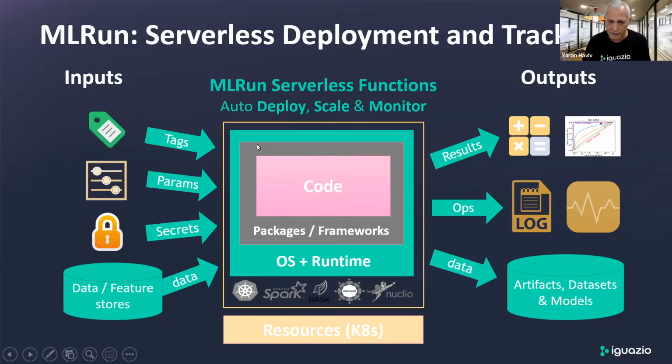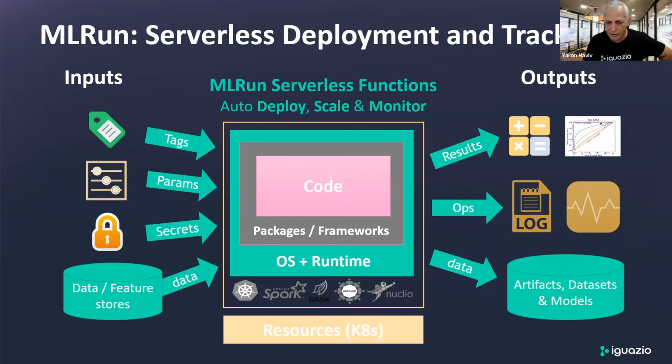This code gets compiled, wrapped into a container along with all its dependencies. There are multiple types of engines in MLRun, like Spark and Kubernetes Job, and Nuclio for real time, and Horovod for deep learning that we're going to see in a minute, Dask and so on. Different runtimes will address the scaling of our workloads in a different way.